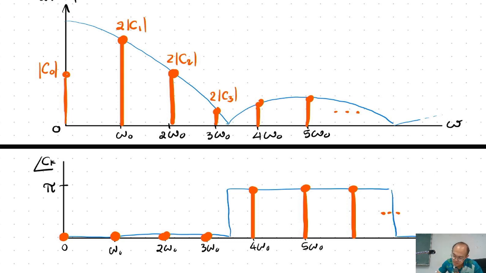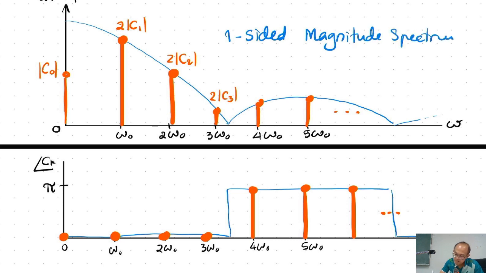So this is called the one-sided magnitude spectrum. And this is the one-sided phase spectrum.